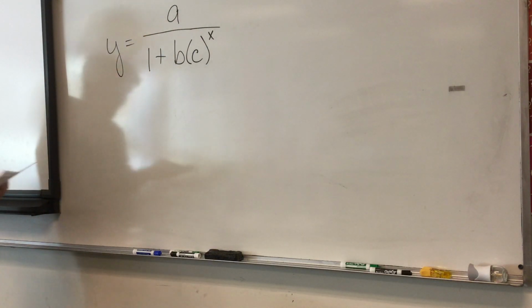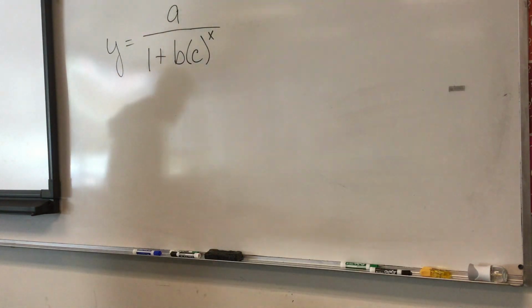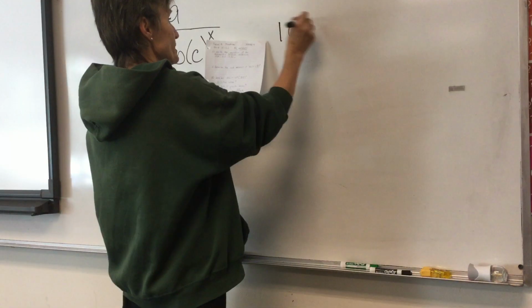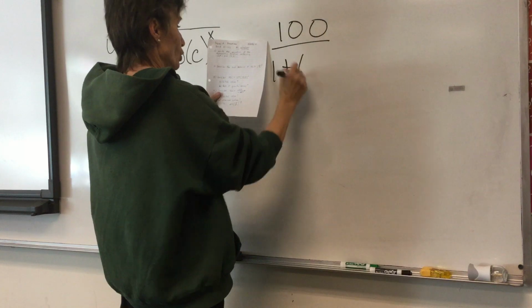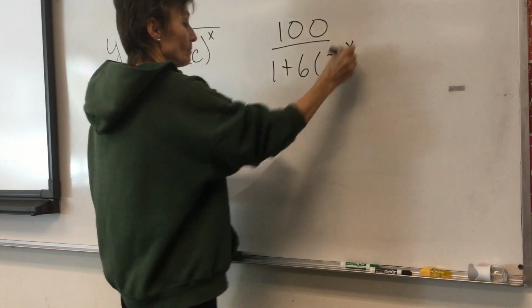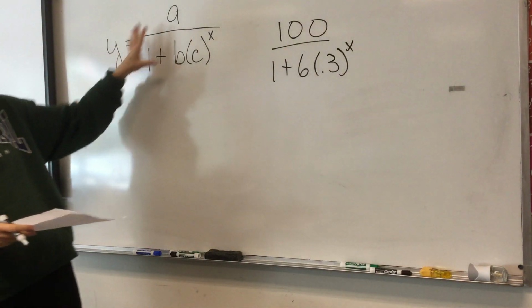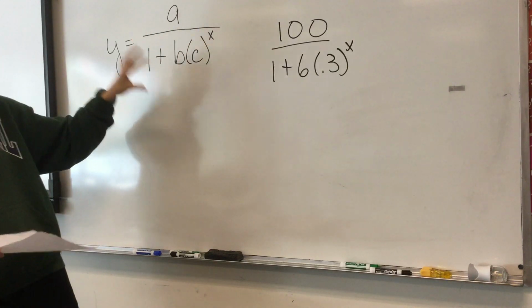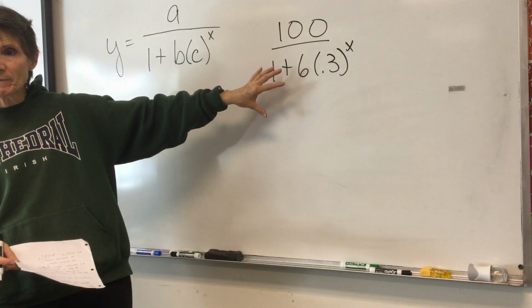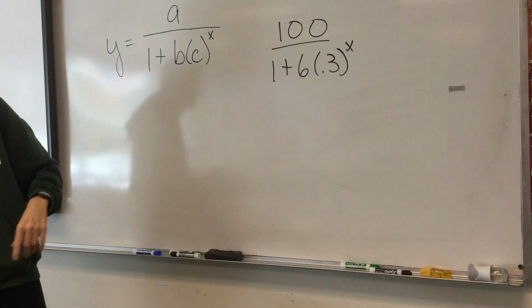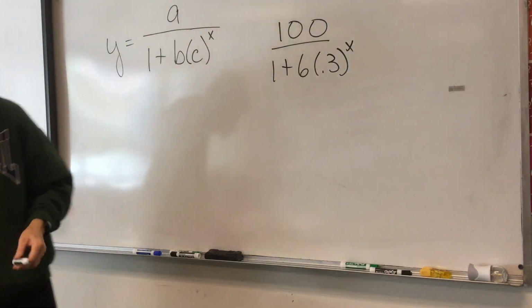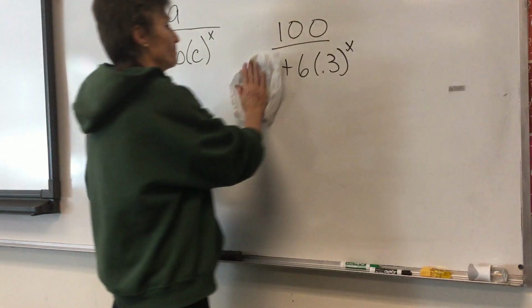So if you think about, for example on the practice quiz, the logistic function you had looked like this. Do you see how I'm using this format, but it's exactly the same as what we've been doing? But there's a lot of variables in there. There's a lot of unknowns.